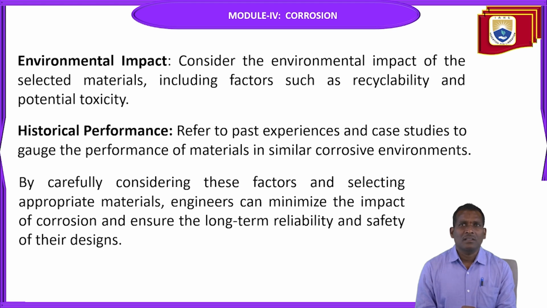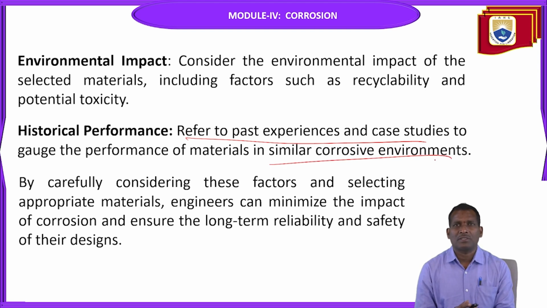Consider the environmental impact of the selected material, including factors such as recyclability and potential toxicity. And then historical performance. Refer to past experiences and case studies to gauge the performance of materials in similar corrosion environments.